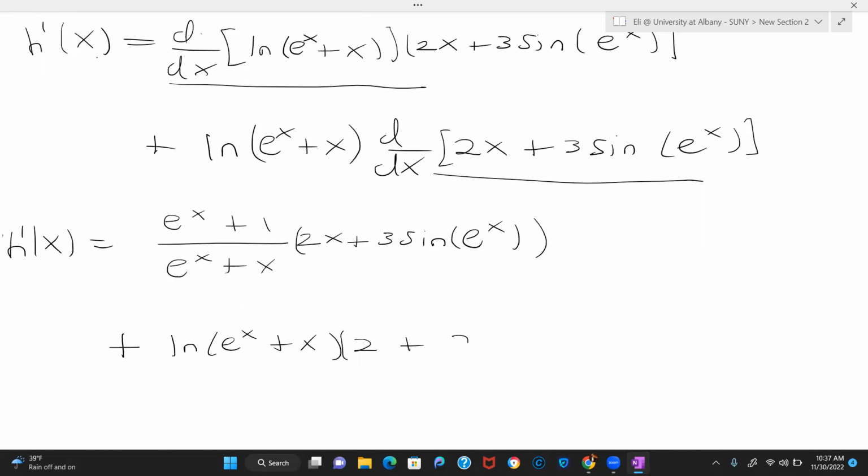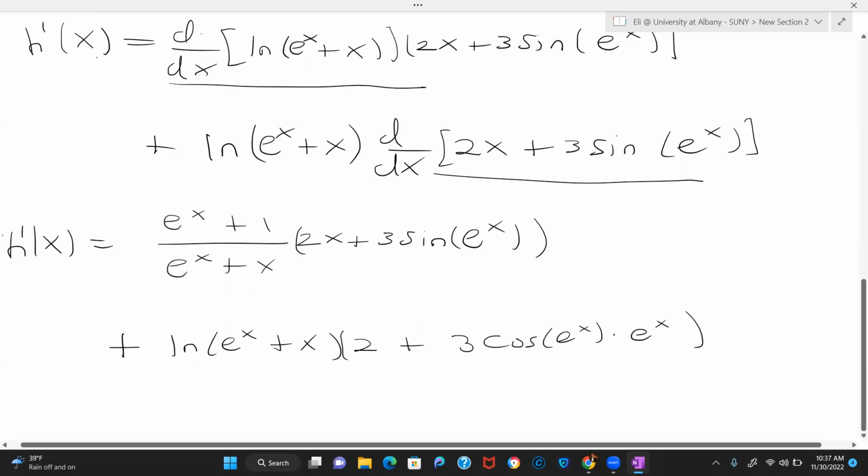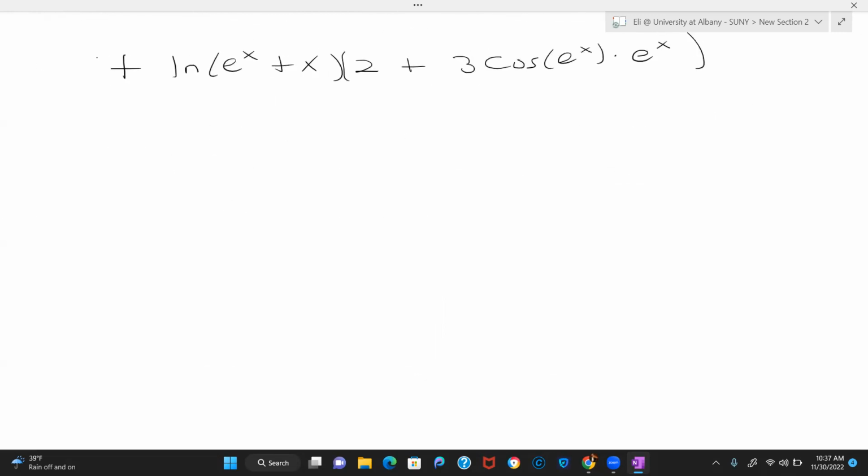Well, first of all, we have this 3 here. And that's going to be cosine of e to the x times e to the x. So it's this thing plus this thing. That's the answer. All right. With that, that's problem 1.